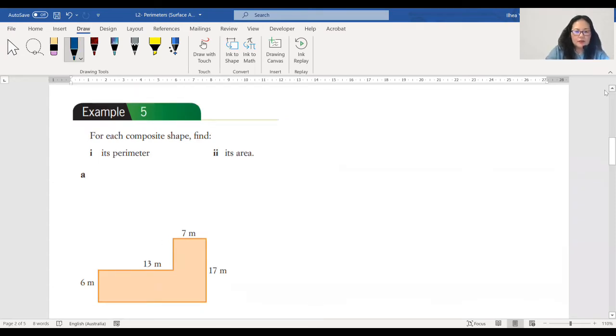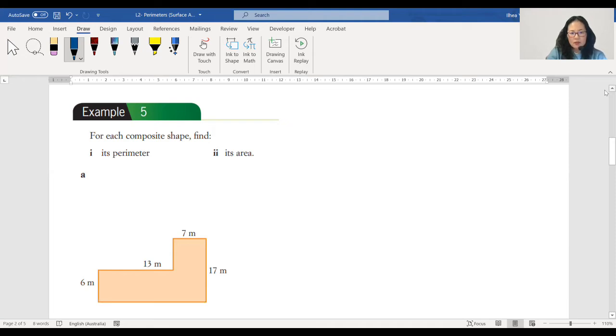Example 5. For each composite shape. A composite shape is a shape that can be separated into different types of shapes. So it's not just a rectangle, it's not just a triangle, it's not just a square or other shape. It's combined.